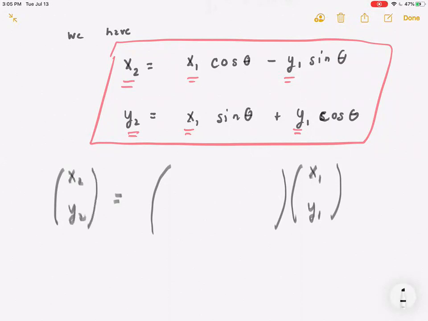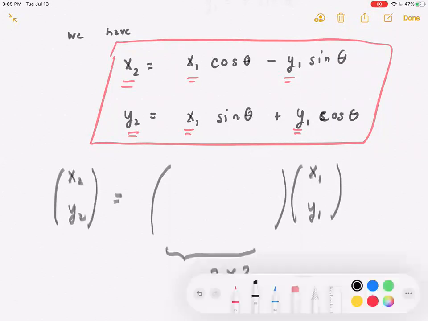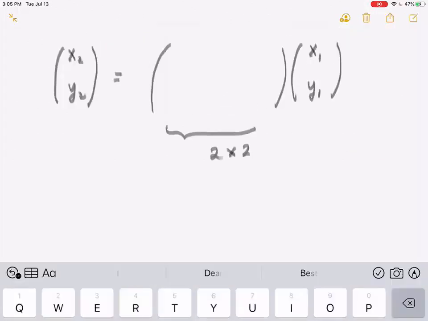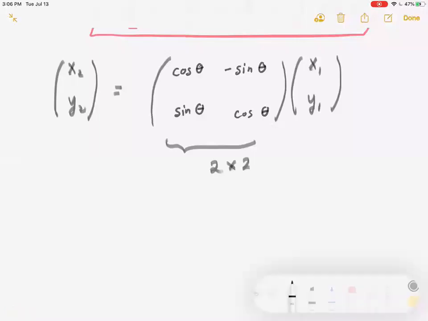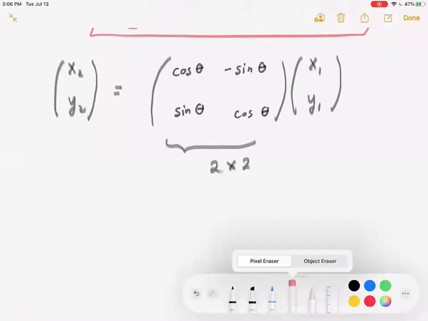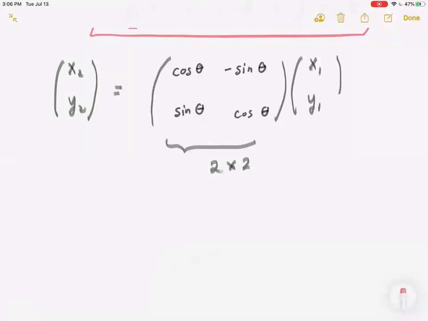It's a 2 by 2 matrix. And its components are cosine of theta, minus sine of theta, sine of theta, cosine theta. Got a little sloppy here. So let's recast these vectors a bit.